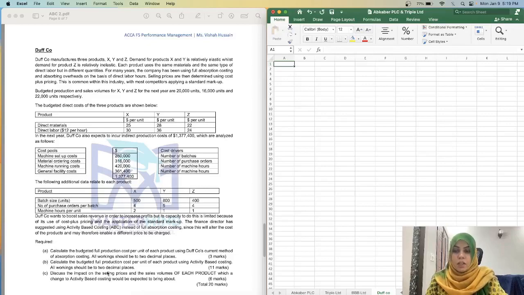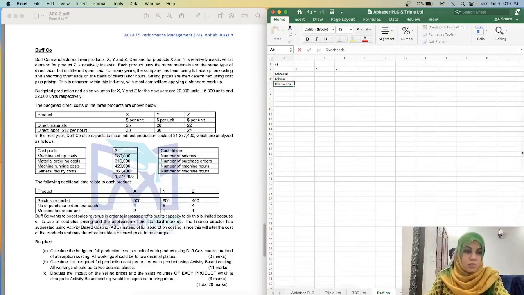Okay, so let's start working on it. Part A needs to be done first. So you know that we have X, Y, and Z, material, labor, and overheads.